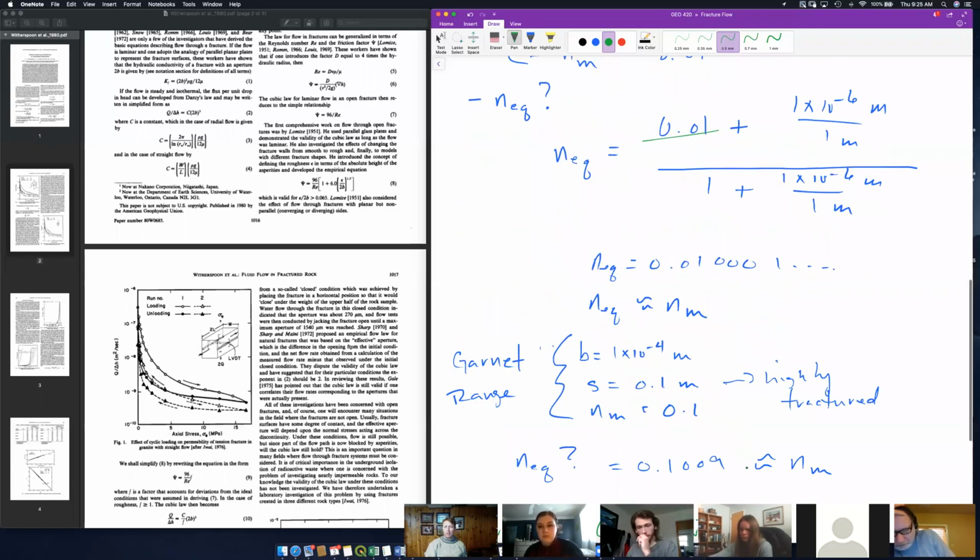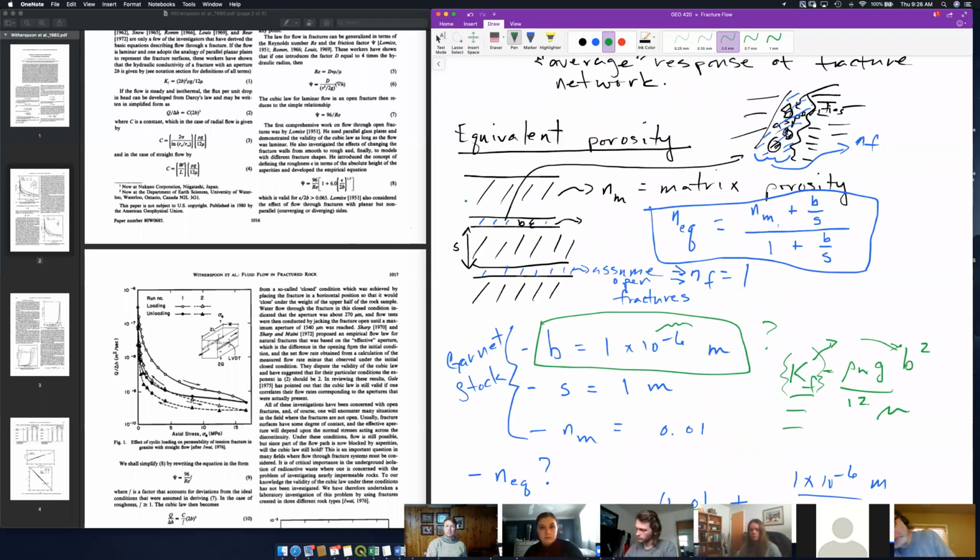If I have sets of parallel fractures, let's consider one unit, which is a matrix block and a fracture, right? And there's a plane of symmetry right here. So this is a symmetric unit.